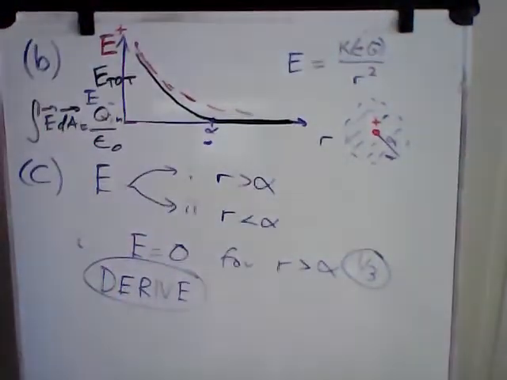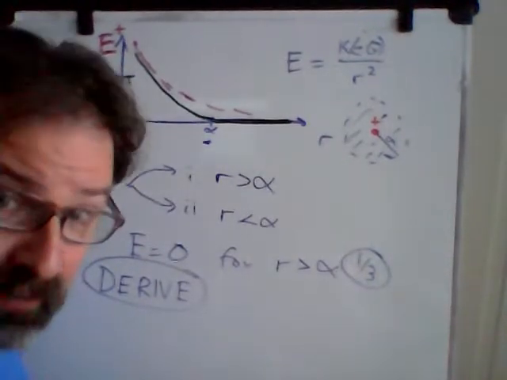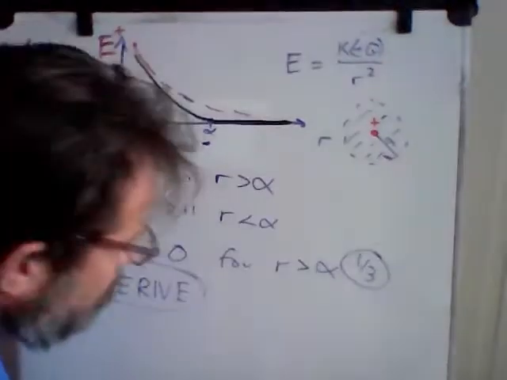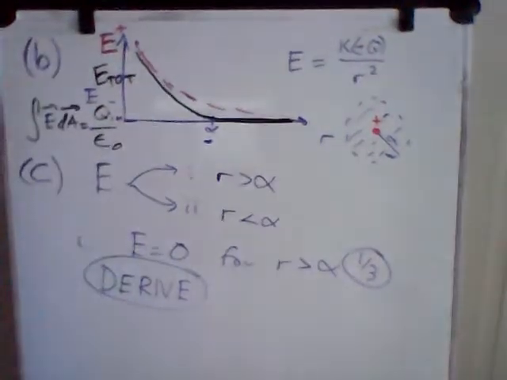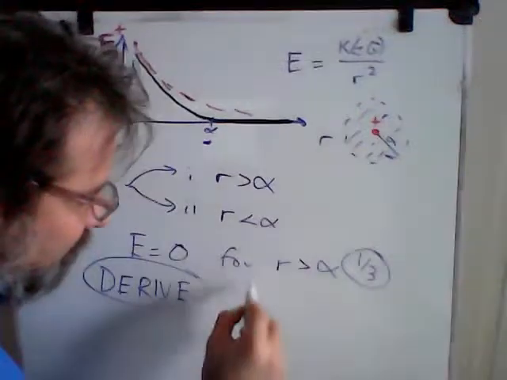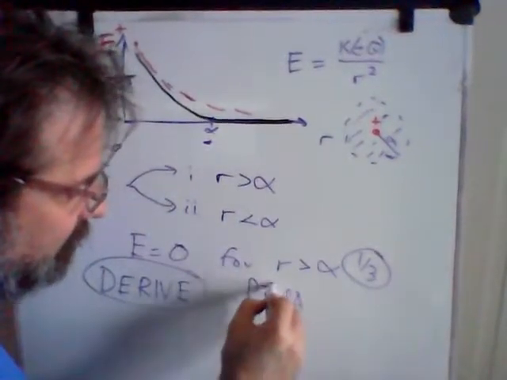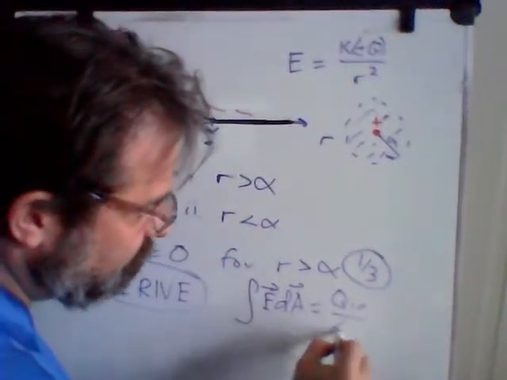So even though we know that the electric field outside the radius alpha is zero, we need to actually show that. They tell us to start with Gauss's law, so we have to restate it: the integral of E dA equals Q inside divided by epsilon zero.